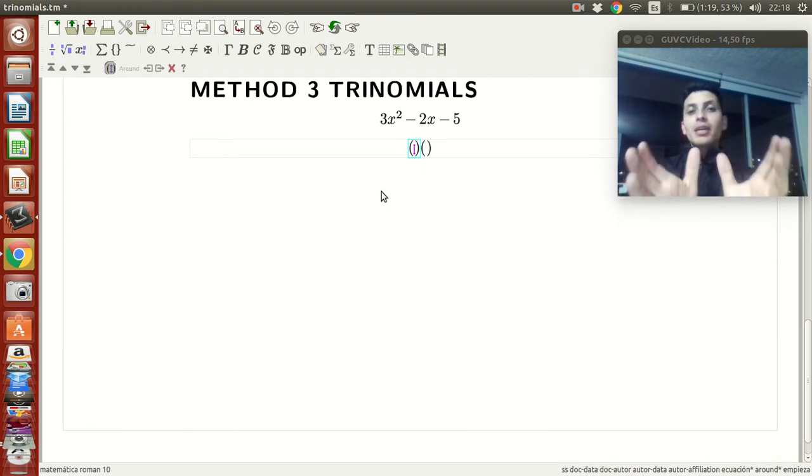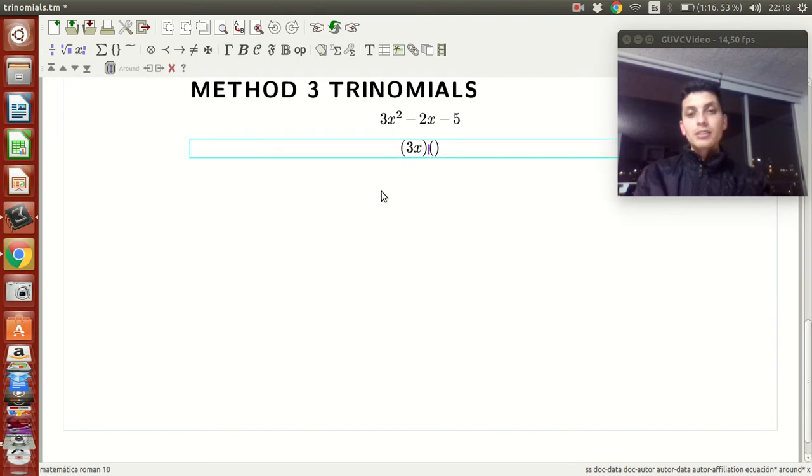When the numbers are not prime, we have to make the list to check each possible multiplication. In this case, it's easy because we have 3 that is a prime number and -5 that is a prime number. So we should write 3x and here x. Okay, the multiplication of these two gets 3x squared. We have the first.